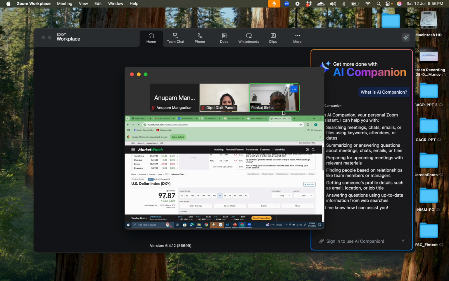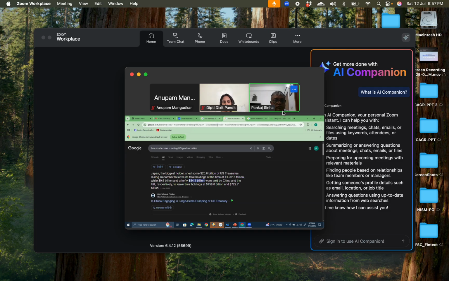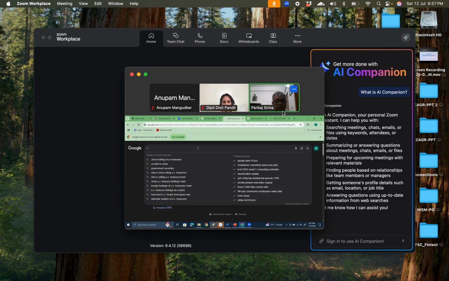Just see, 97.87 means the dollar index has now depreciated. It means there is a lot of supply of dollars and demand for dollars has gone down. And once the demand for dollars has gone down, what will happen? The Indian rupee will appreciate. So if you look at the USD INR rate, it has gone up.